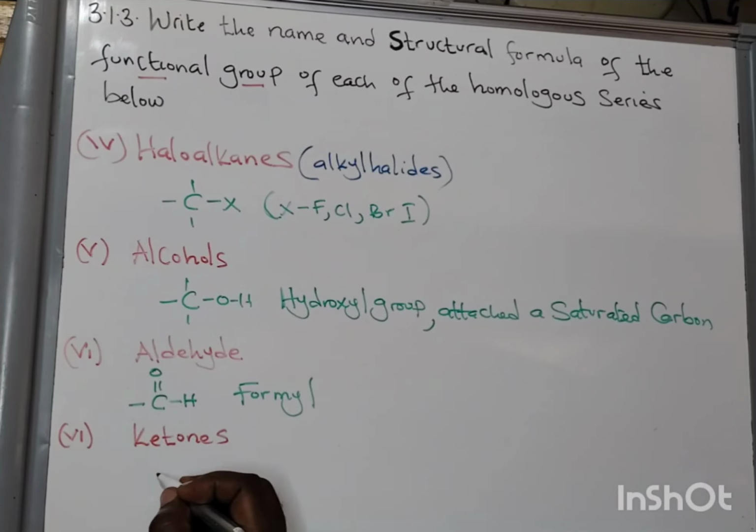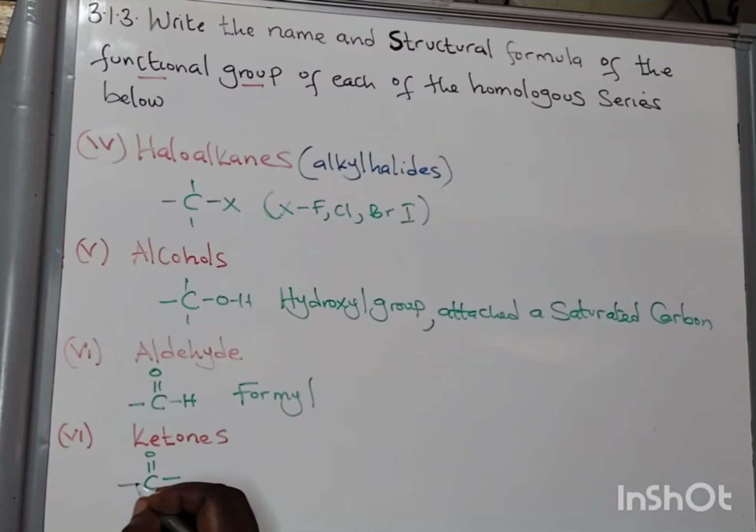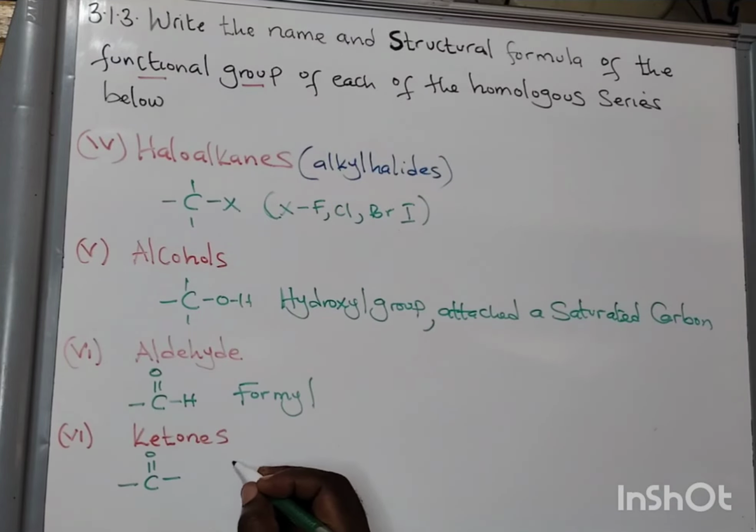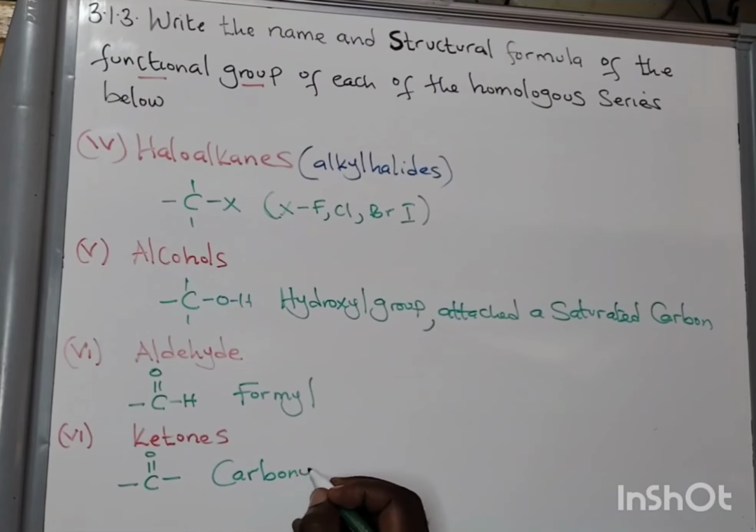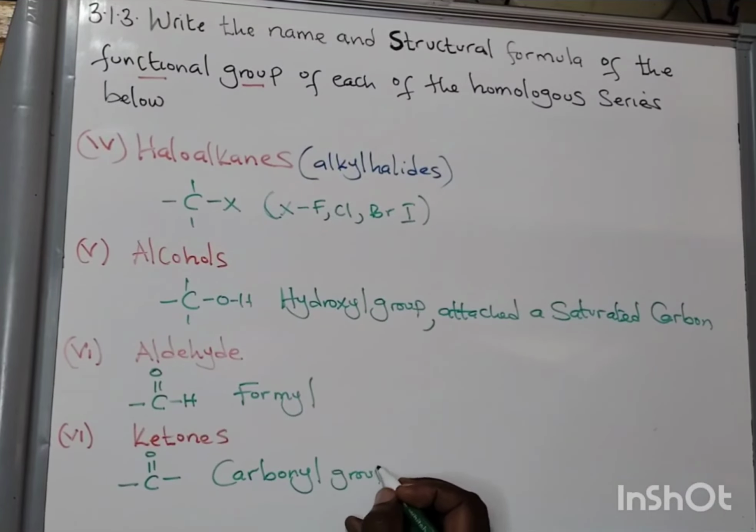So we write it like carbon, double bond. So that is it. And its name is carbonyl or carbonyl group. So that's the functional group of ketones.